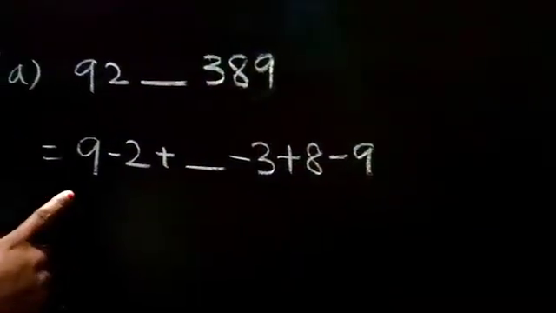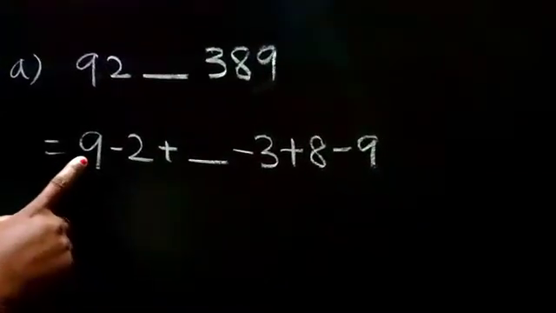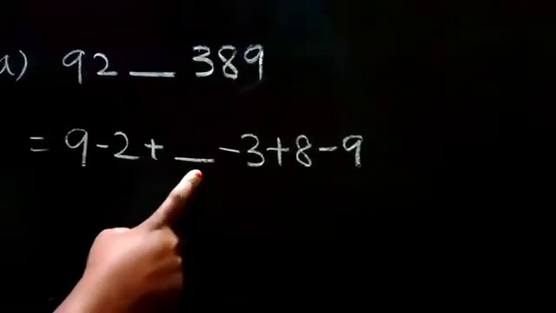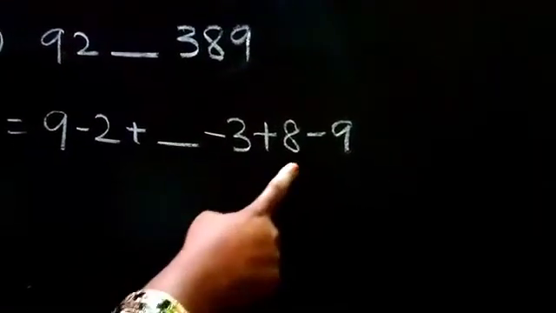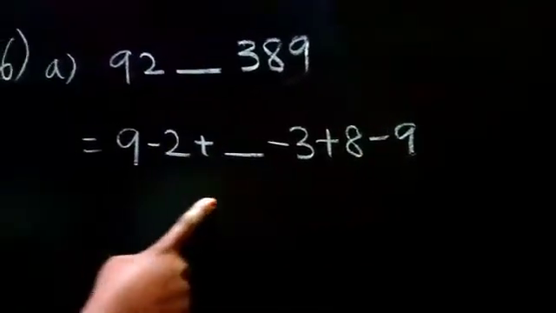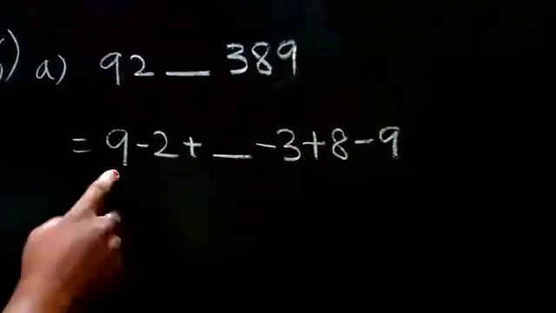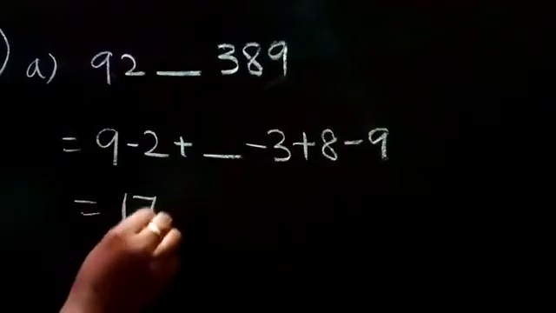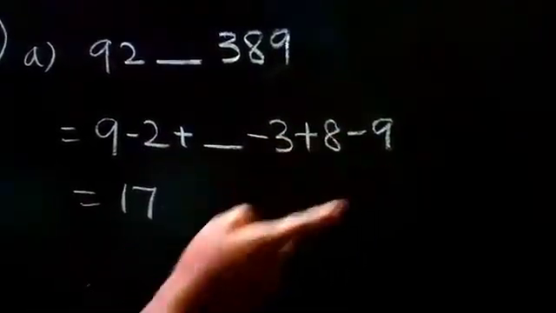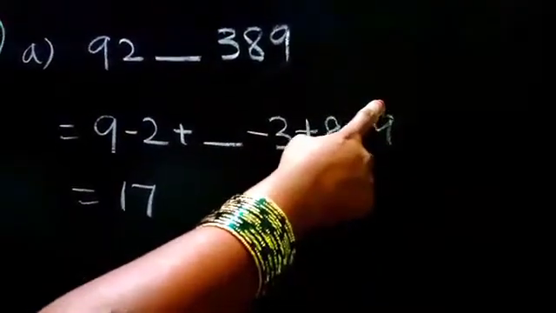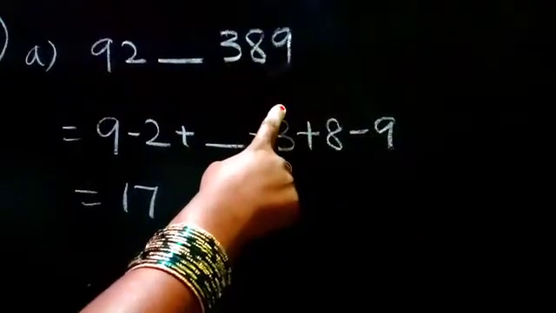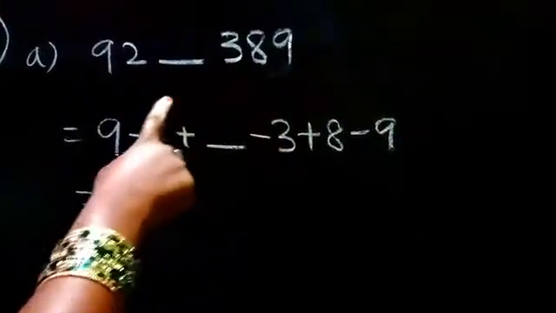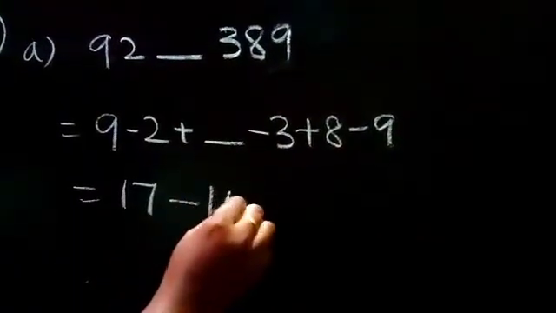So we will add all the odd places: 9 plus some number plus 8. Here 9 plus 8 is 17, positive 17. Then all the negative numbers we will add now. 9 plus 3 is 12, 12 plus 2 is 14, minus 14.